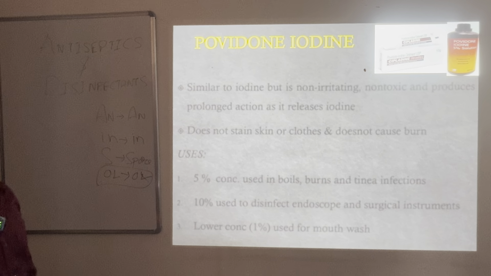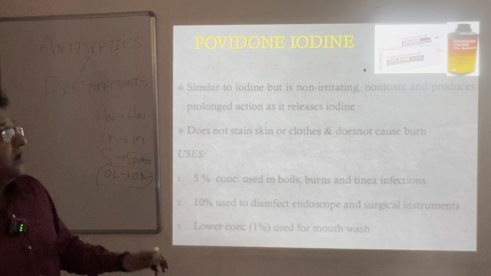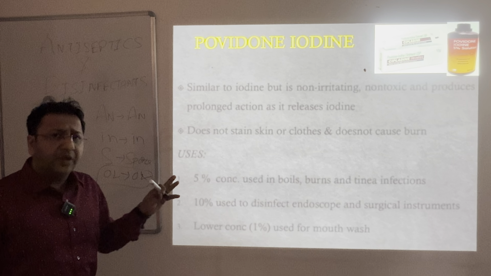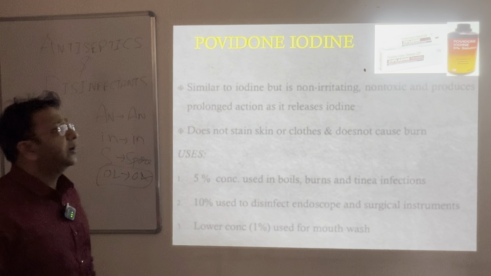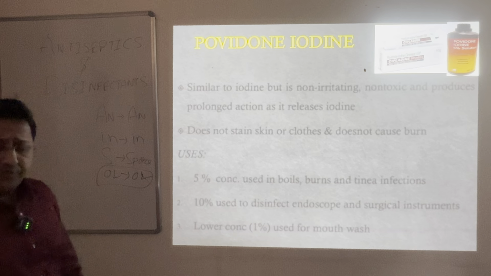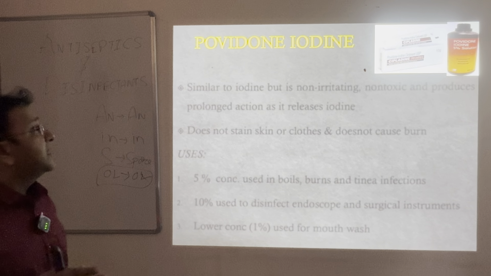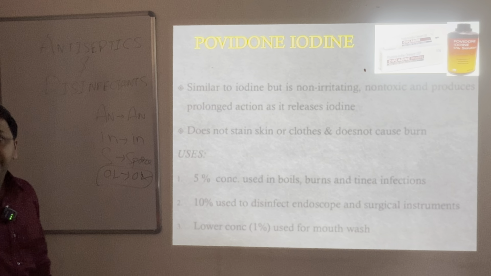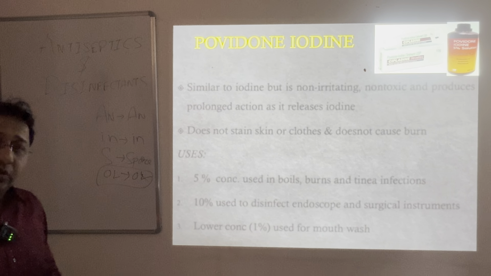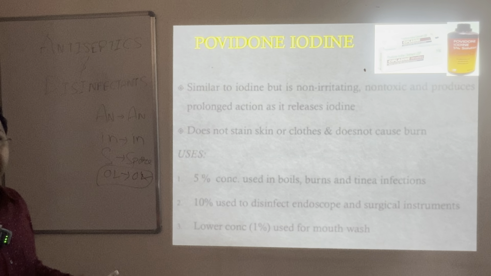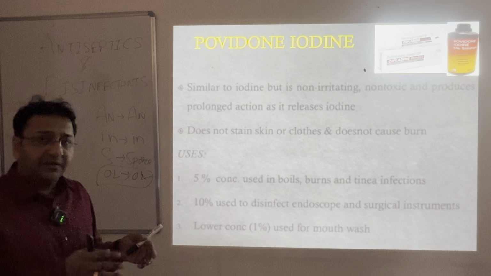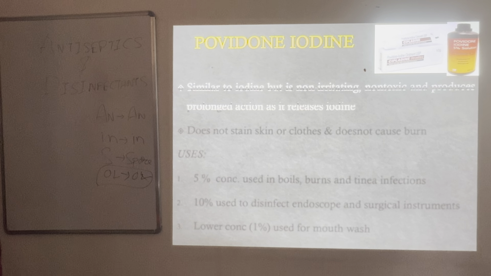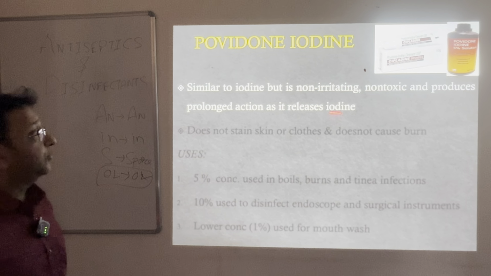Now another one is the povidone iodine. We have seen this in hospital settings, where dressing is done with the povidone iodine, and before an operation the skin surface is made antiseptic with it, because if the surgeon performs any procedure, it can carry external bacteria inside, so that's why pre-operative preparation is done with the povidone iodine.